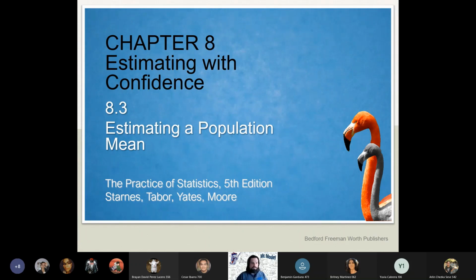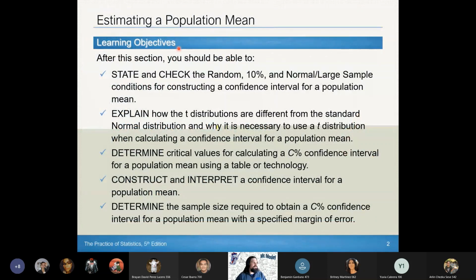All right, so here we are. We're in chapter 8, estimating with confidence, and today is section 8.3, estimating a population mean. All right. So our objectives today are to be able to state and check the random, 10%, and normal/large sample conditions for constructing a confidence interval for a population mean.